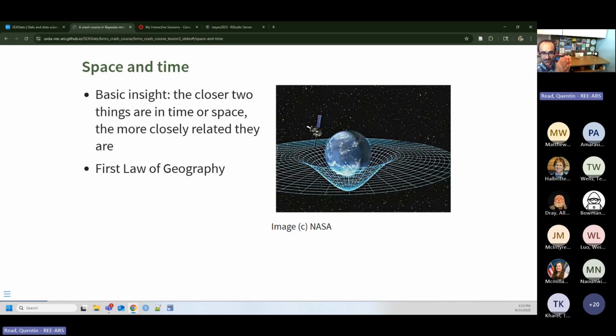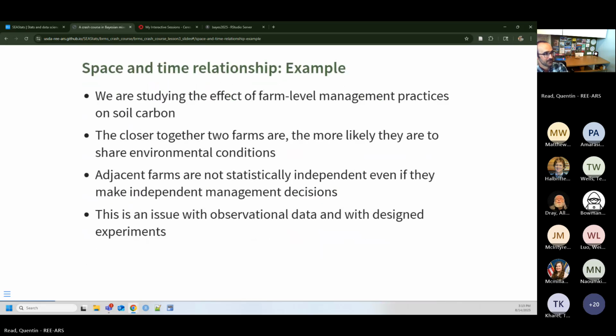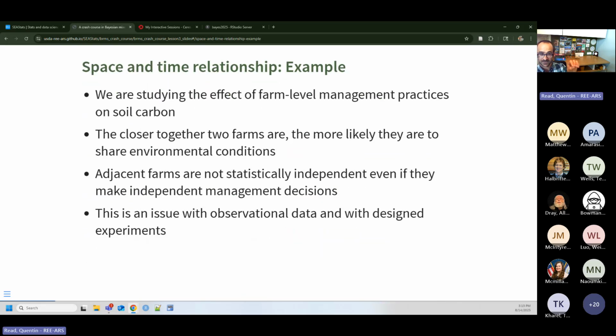The closer together two things are, the more likely they are to share common features and be similar. And same with time. We're going to explicitly model that pattern of similarity decreasing as you get further apart in space and time in our stat models.